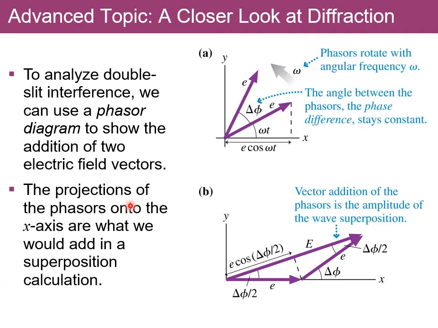To analyze double-slit interference, we can use a phasor diagram to show the addition of two electric field vectors. The projections of the phasors onto the x-axis are what we would add in a superposition calculation.